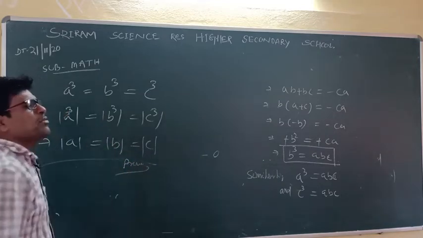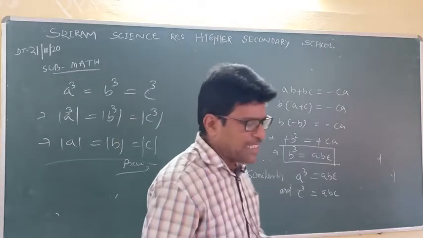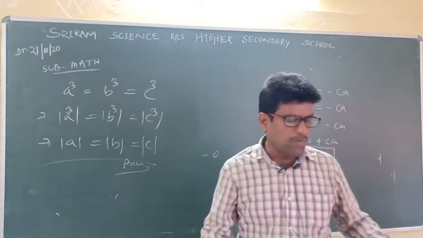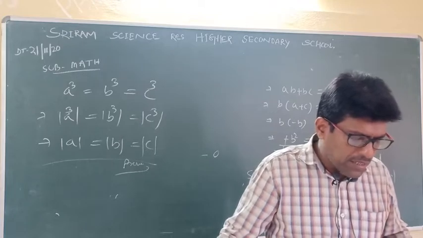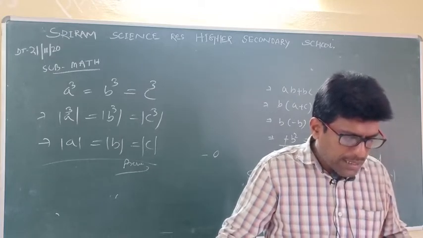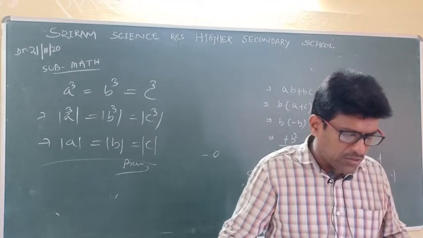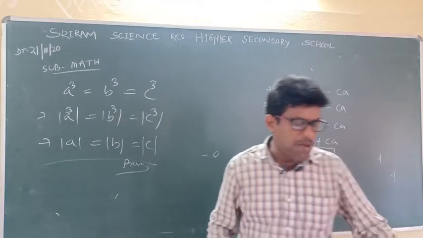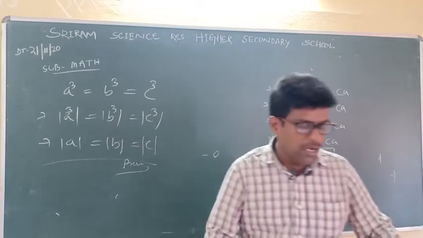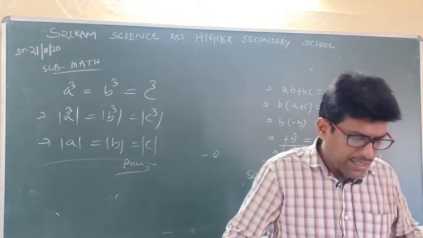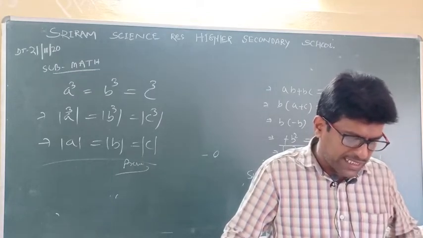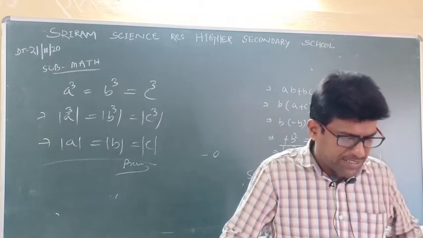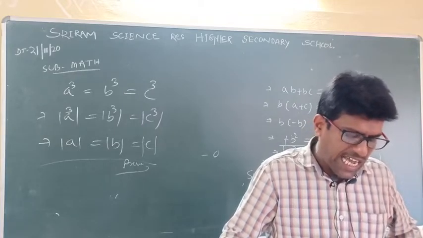Some tricks we have used in this problem. But number 3, when ellipse and hyperbola are taught to you, then I can explain about it. For now you just remember that in this case, modulus of z minus a plus modulus of z plus a is equal to 2c, where modulus value of a is less than c, then it is an ellipse, and in the other case it is a hyperbola.